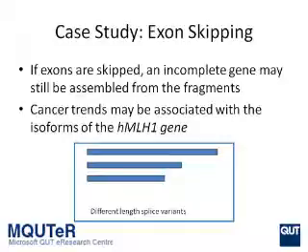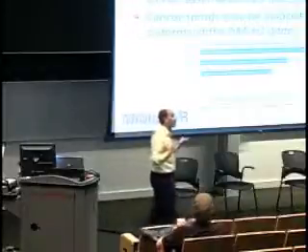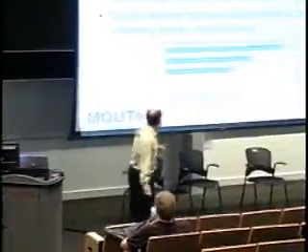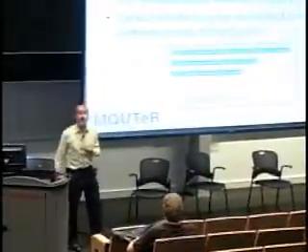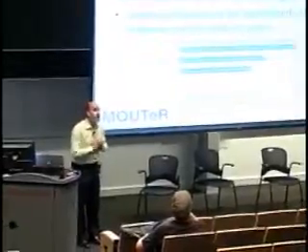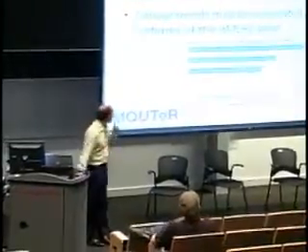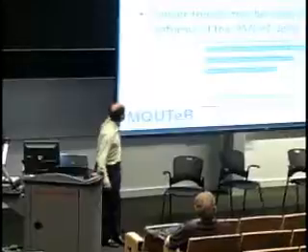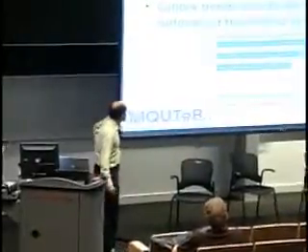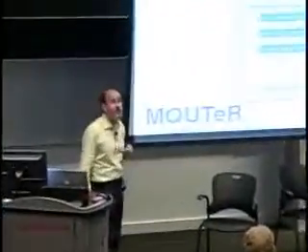So if exons are skipped, we get this incomplete gene which may still be assembled, it may still be translated, we still get a product protein, but that product protein is not typically very helpful for the organism that results. And the hypothesis, of course, was that cancer trends may be associated with the isoforms of this particular gene.